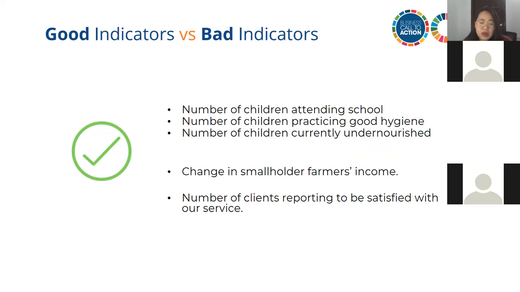If you say increase, that's an outcome. It is not an indicator. Iniisip nyo na yun yung mangyayari. But no, ang importante, there will be a change in smallholder farmers' income. So it may be an increase or a decrease, but hopefully it will be an increase. It can also be something else, basta a change in the farmer's income.